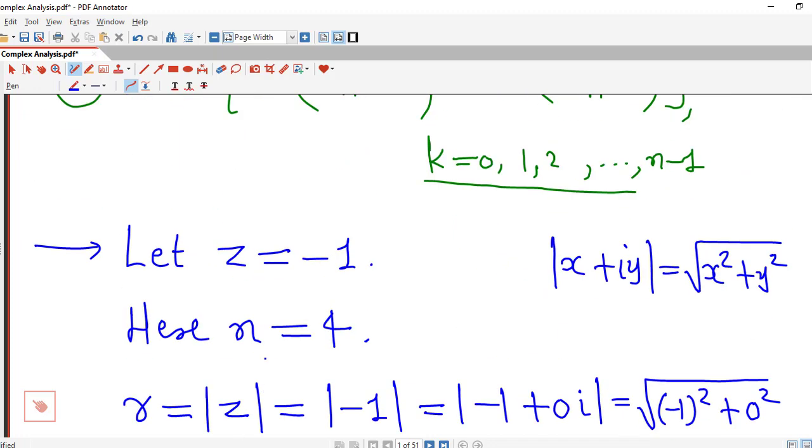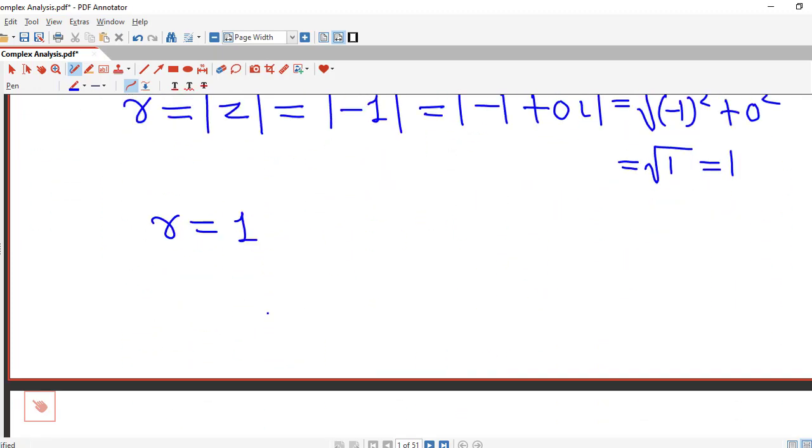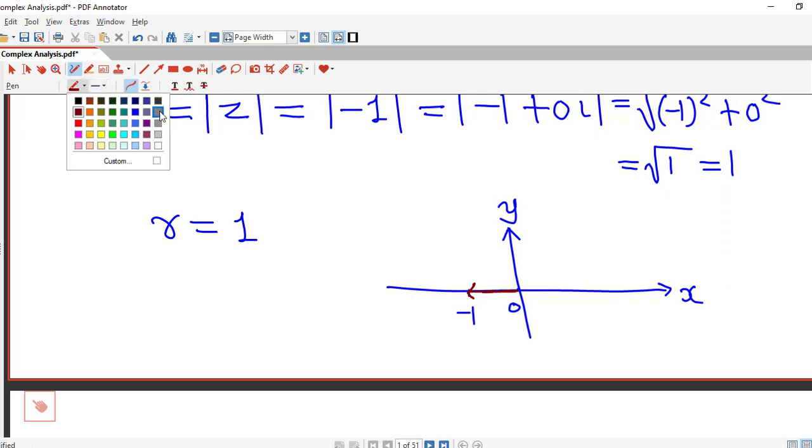Now to find out argument of -1, we have to decide the location of -1 in complex plane. Suppose this is complex plane, this is 0, and suppose -1 is somewhere here. Then we have to find out the angle made by this vector representing -1 with positive x-axis. This is the positive x-axis.